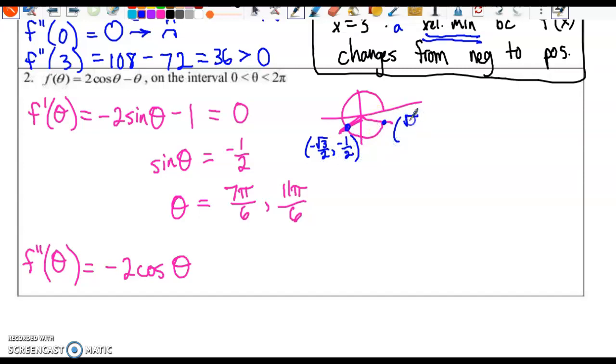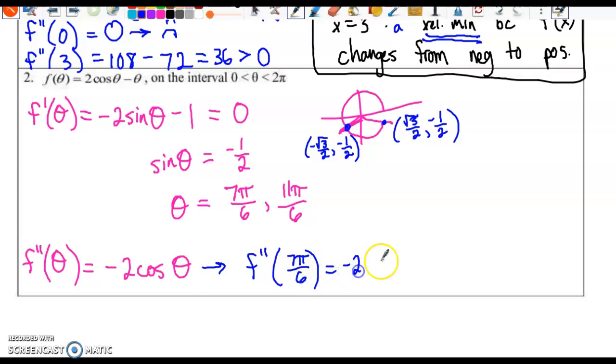And then this one's positive root 3 over 2, negative 1/2. So then if I were to examine the second derivative at 7 pi over 6, well, it's negative 2 times negative root 3 over 2. Well, negative times a negative is positive, so this is bigger than 0. So that means that 7 pi over 6 is my x-coordinate, because it's positive, of a relative min.